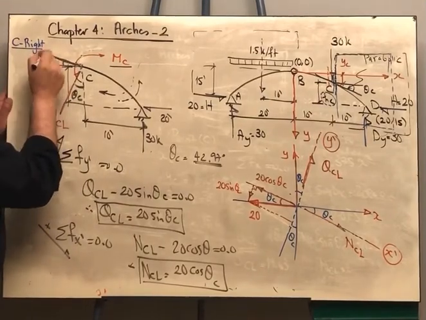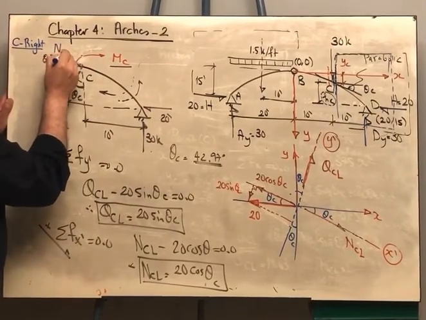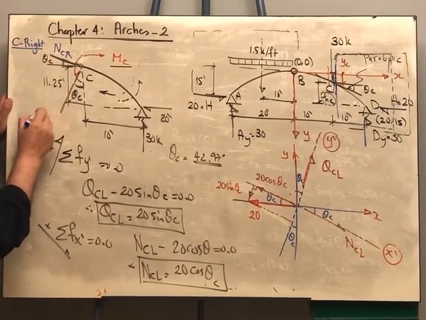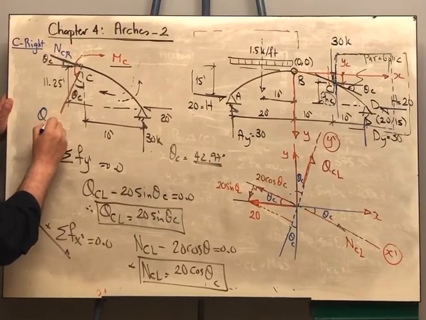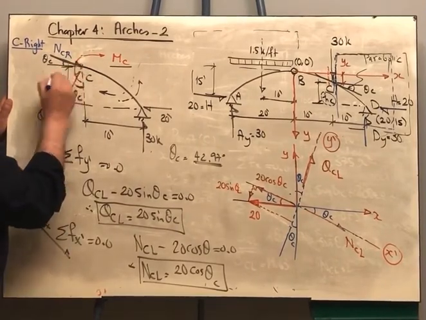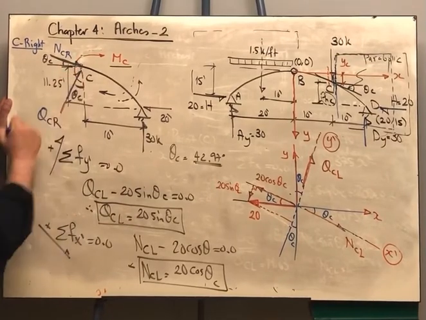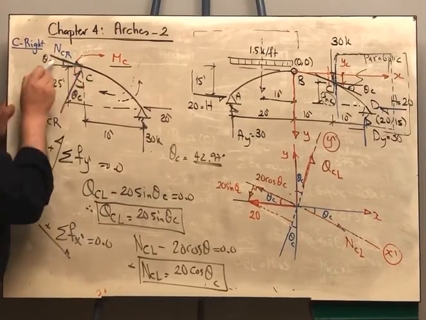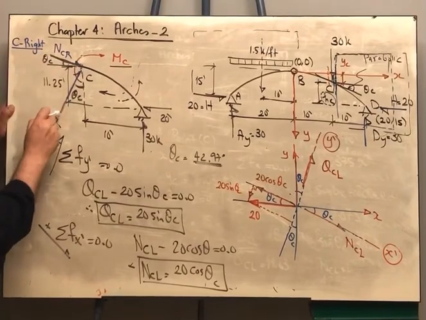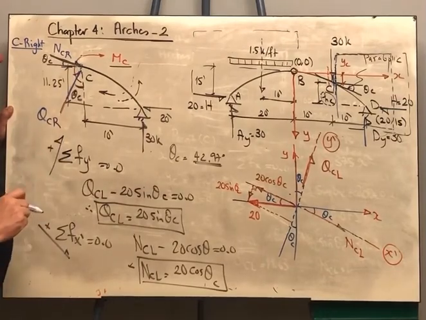So this is NC right. And this is the shear right of point C. Again, the positive direction, because we know that the normal force is compression in the arches, so the normal force is directed towards the section, and the shear, we assumed it in the positive sense, it will be on our left hand side and upward.